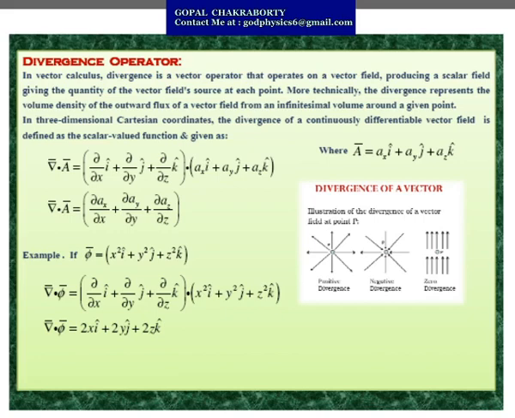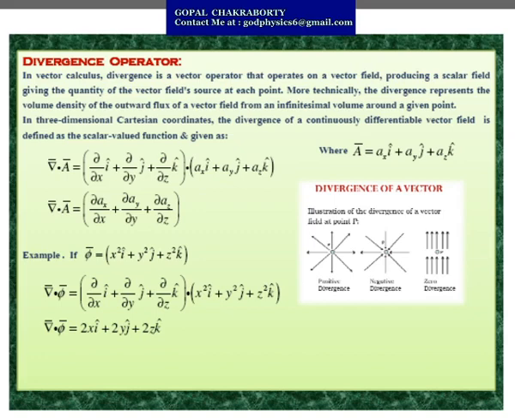So del dot A will give you del x i cap plus del y j cap plus del z k cap, whole dot with ax i cap plus ay j cap plus az k cap. So the result is a scalar quantity. So it is del ax by del x plus del ay by del y plus del az by del z.